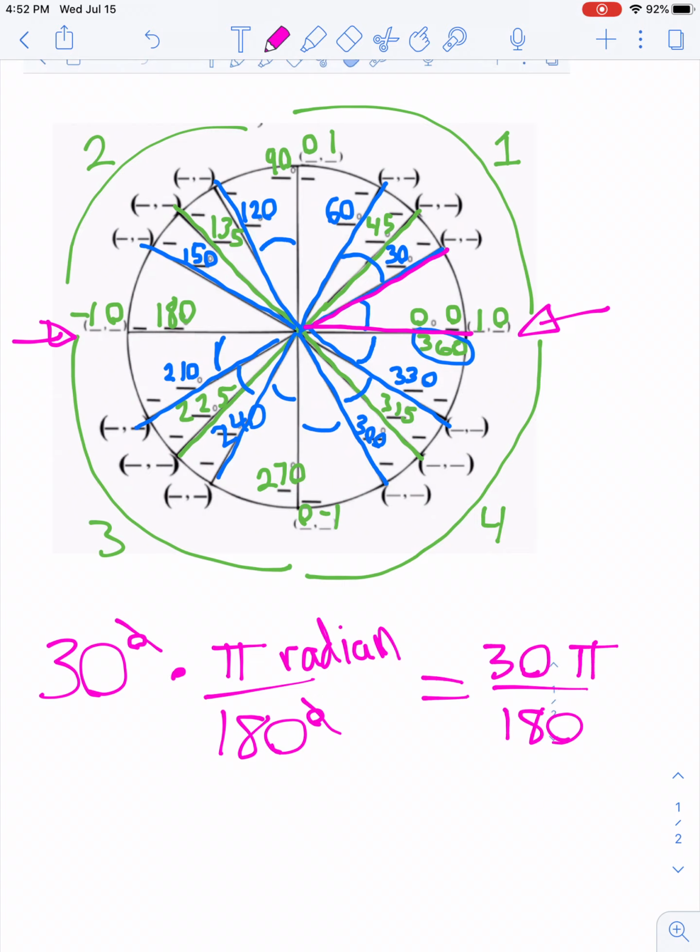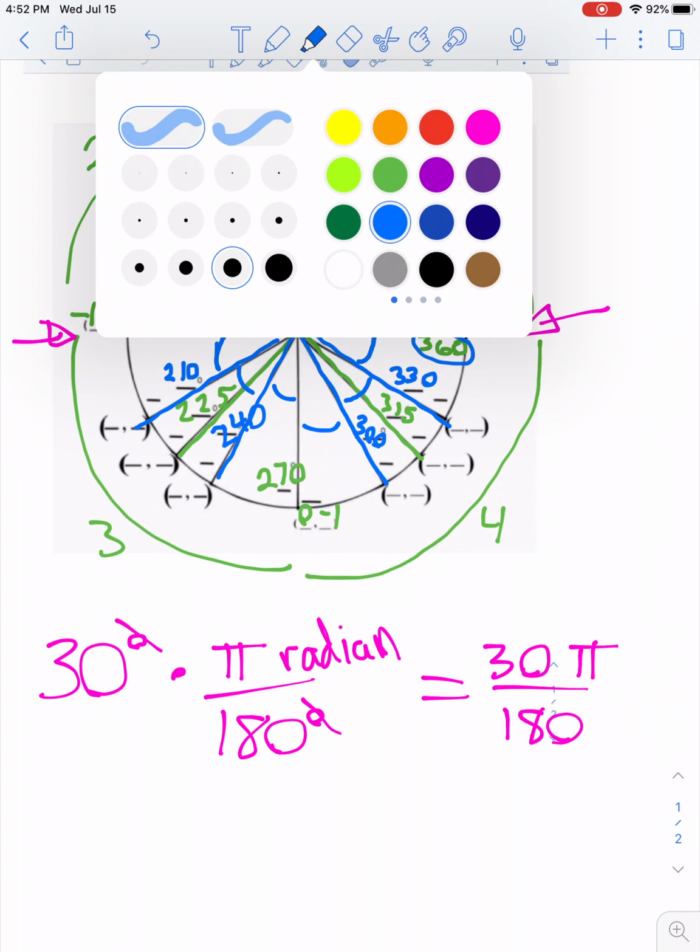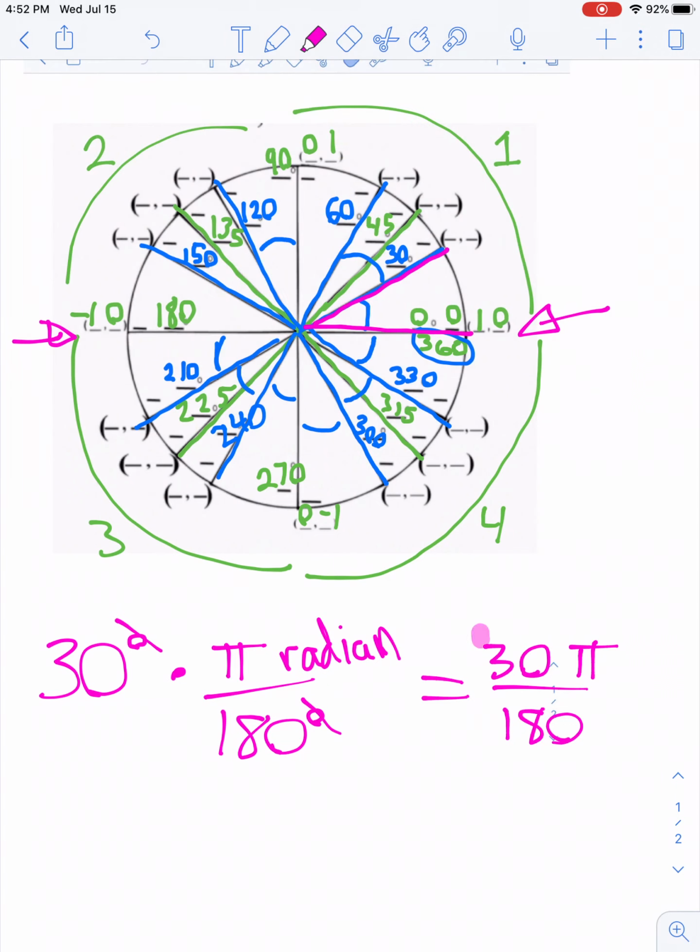Now, this part of the fraction, which I'll highlight in pink, you can actually simplify down. So 30 over 180 simplifies down to just 1 over 6. So it's 1 pi over 6, which we don't even really need to have that 1 on top.